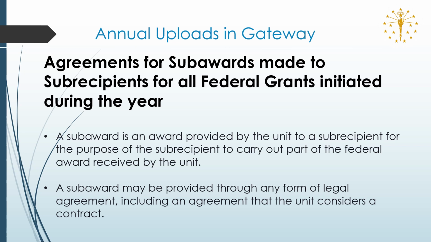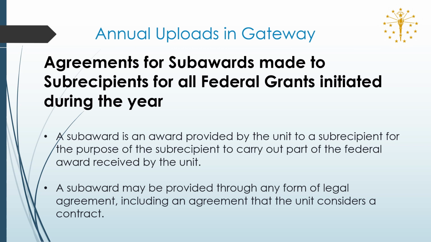Agreements for subawards made to subrecipients for a federal grant initiated during the year would be a subaward provided by the unit to a subrecipient for the subrecipient to carry out part of the federal award received by the unit. A subaward may be provided through any form of legal agreement, including an agreement that the unit considered a contract.